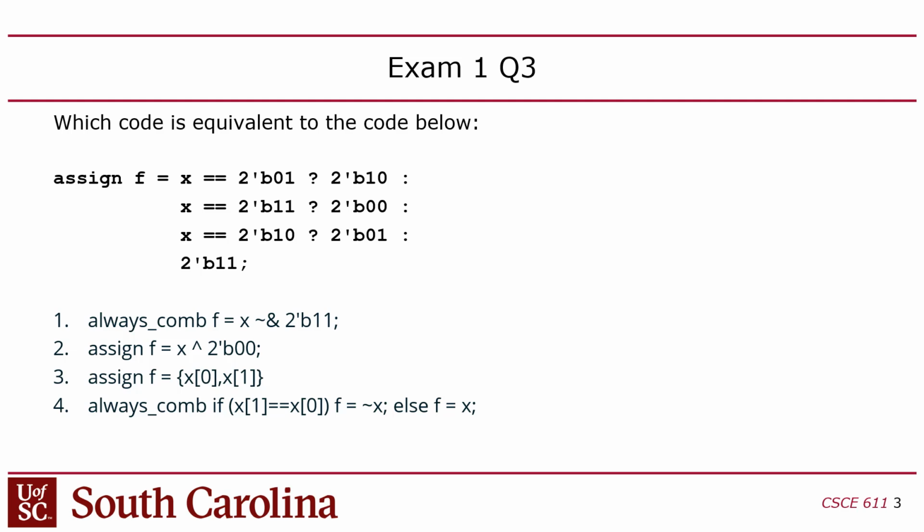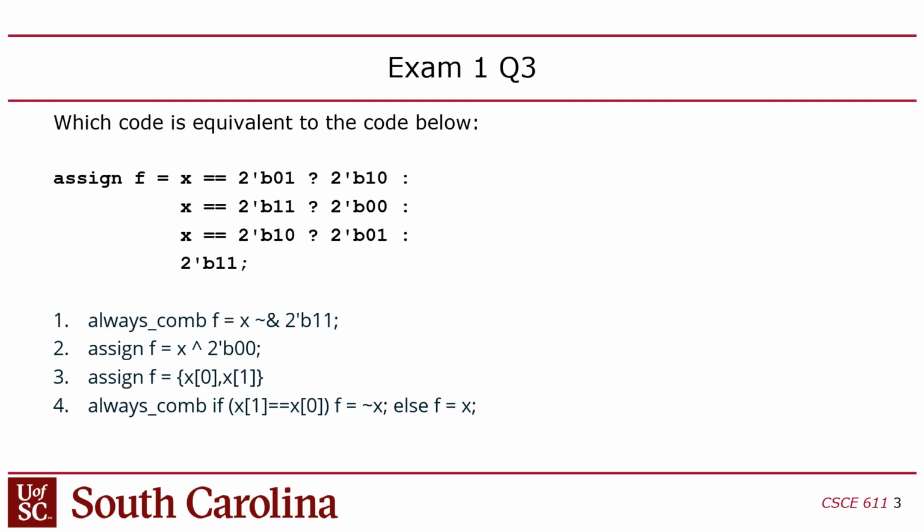Which code is equivalent to the code below? This is a concurrent assignment statement. It's assigning F, and it's using a nested ternary statement. And this is checking to see if X is 0, 1, in which case it assigns F to 1, 0. If X is 1, 1, it's outputting 0, 0.